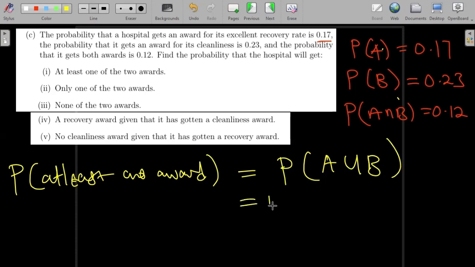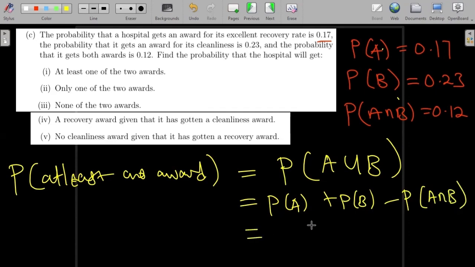When we expand this, it will be the probability of A plus the probability of B, and then minus the probability of what? A intersection B. We have all these values. So the probability of A is 0.17 plus the probability of B, which is 0.23, minus the probability of A intersection B, which is 0.12.